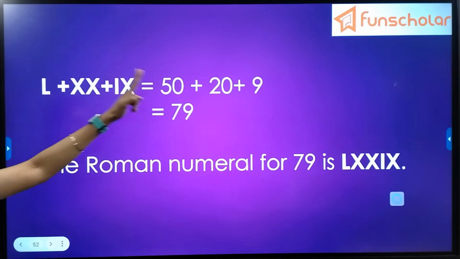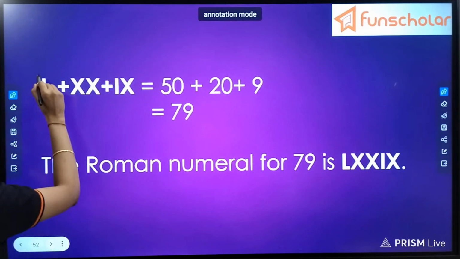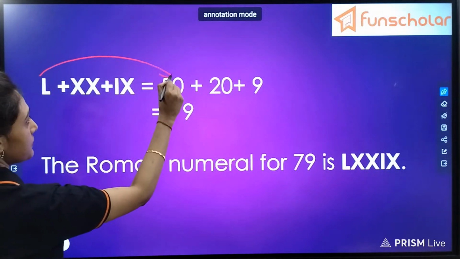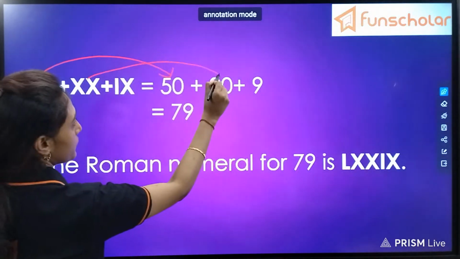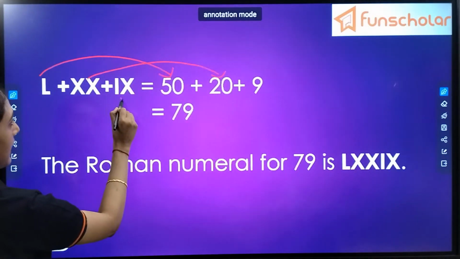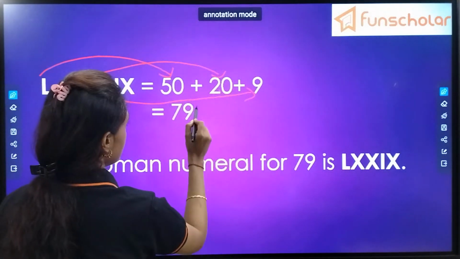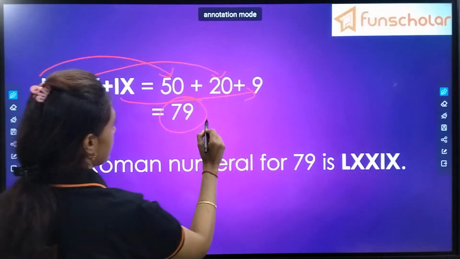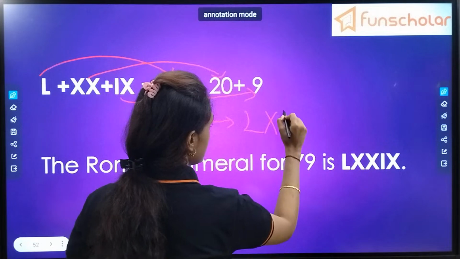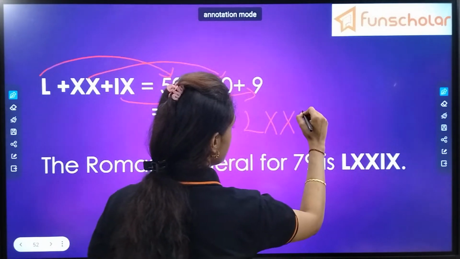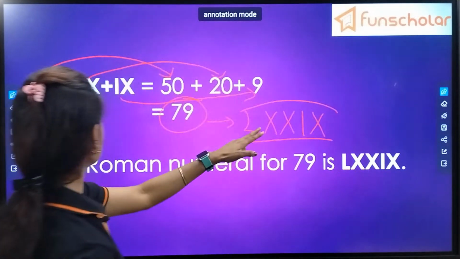L represents 50, double X represents 20, and 9 as this. So 50 plus 20 plus 9 is equal to 79. How will you write? L, 50, 60, 70, and you will put 9. Just done.